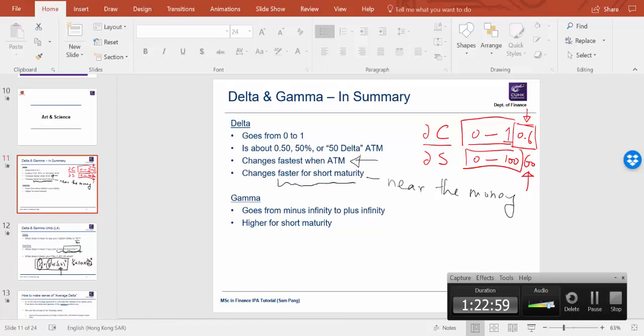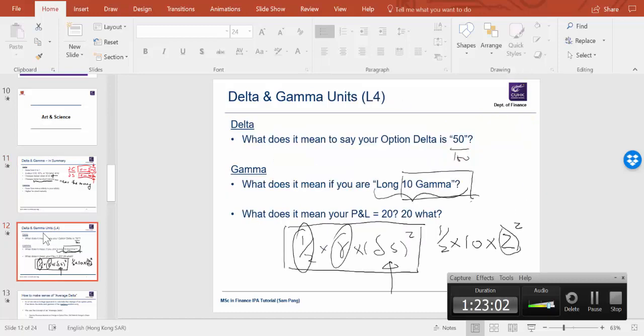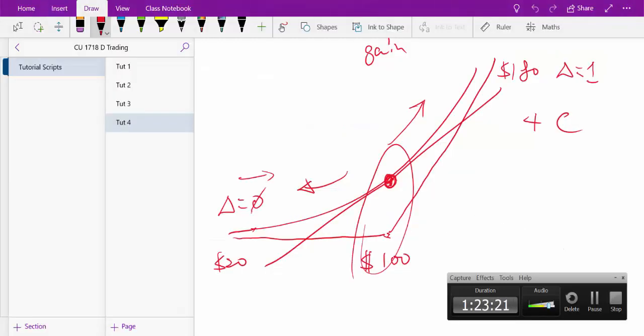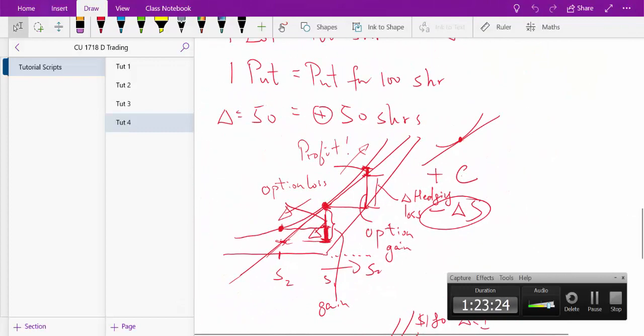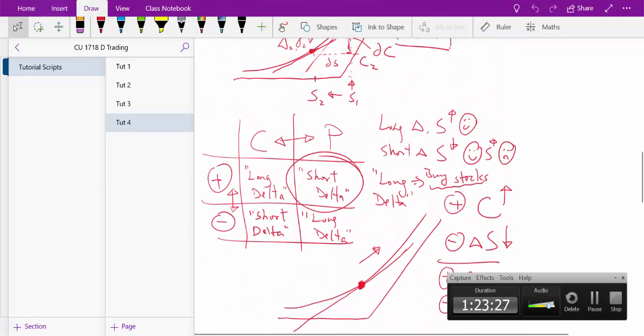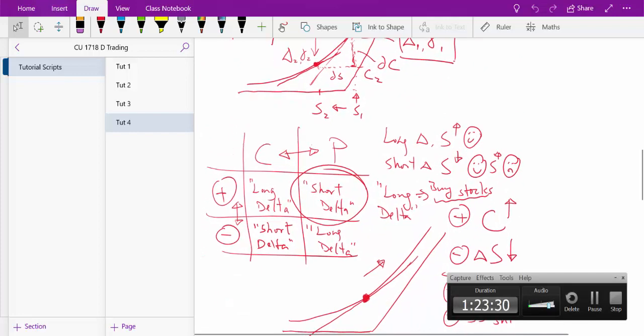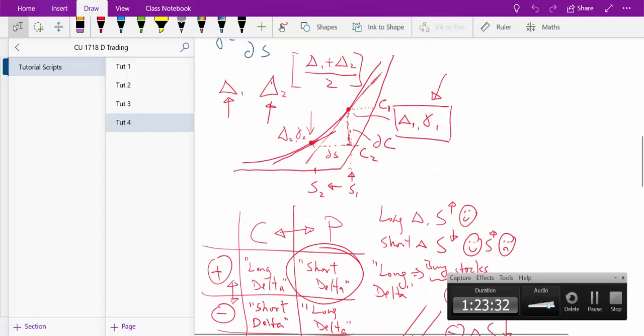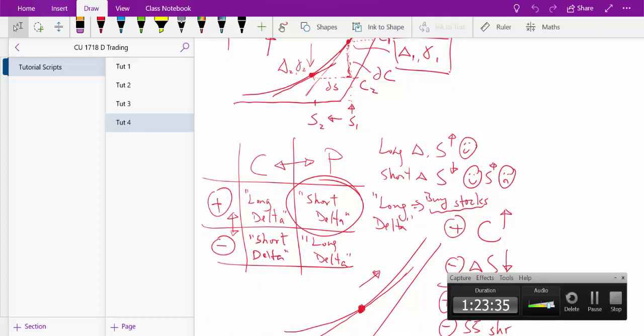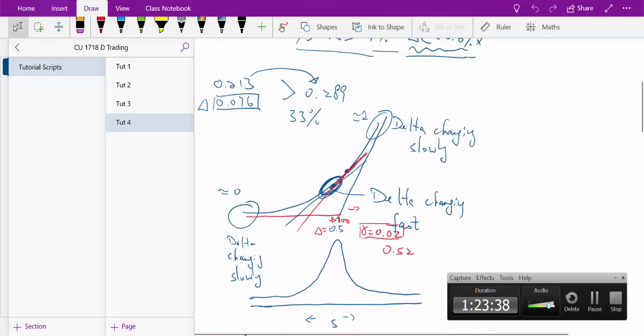And we had a look at gamma, and we also had a look at what it means to be long gamma, and we had quite a substantial discussion on trading practice, how option traders actually manage their book and what it means to be long a call and then to become delta neutral by selling some stocks, okay?